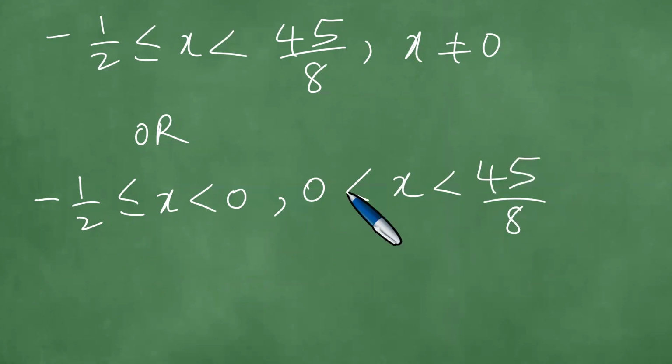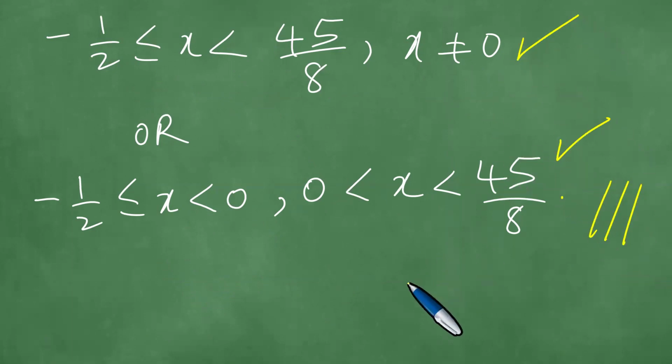So we have a couple of ways to present our solution. You can write it in two parts like this, or write it like that with the restriction there. So this here is the answer to the problem, and you can write the answer like this or like that.